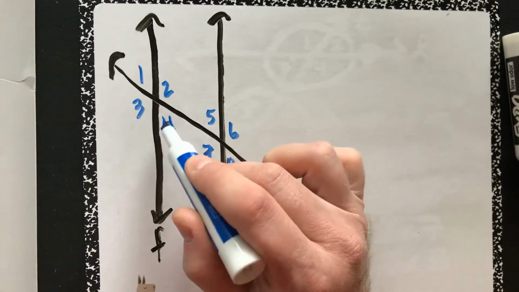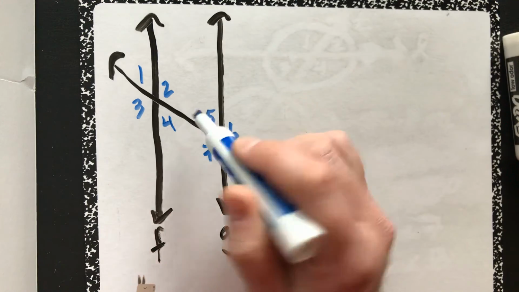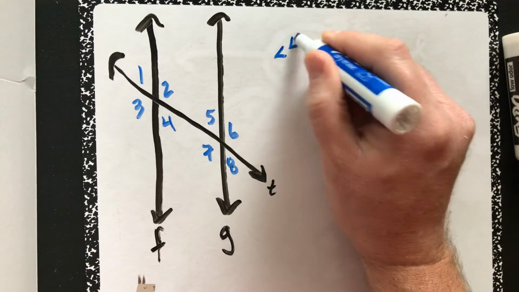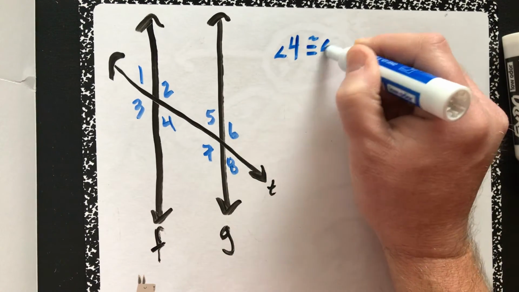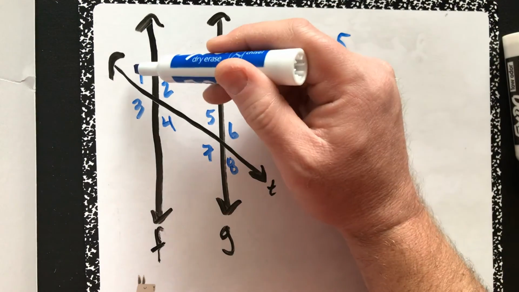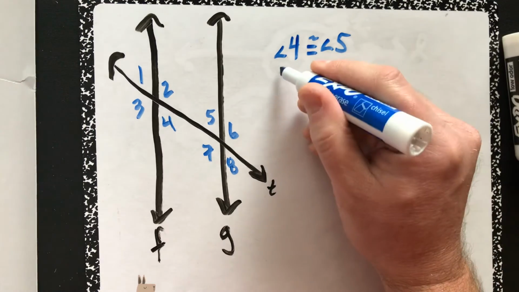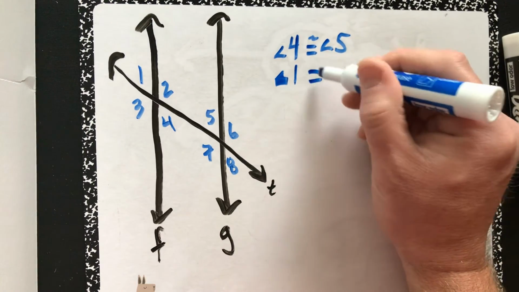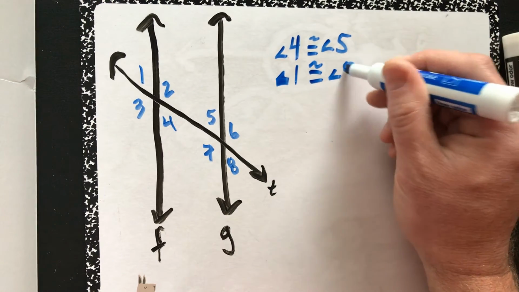Well, I know that alternate interior angles are congruent, so I can say angle 4 is congruent to angle 5. I know alternate exterior angles are congruent, all right? So angle 1 would be congruent to angle 8.